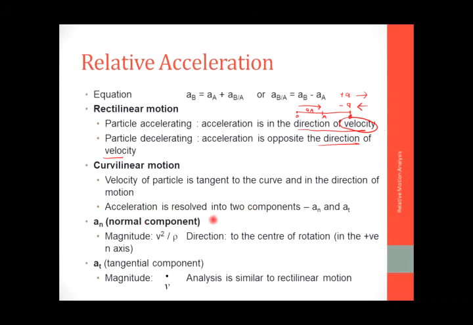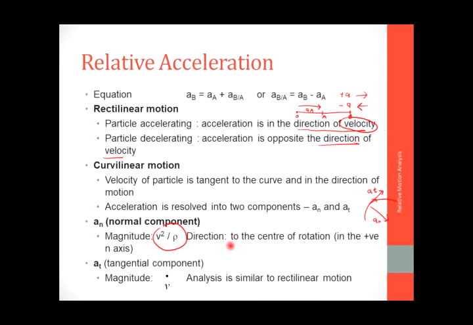acceleration is resolved into two components, normal component and tangent component. For example, you have a curvilinear path like this, and this is the AN and this is AT. For the AN, the normal component, the magnitude is V squared over rho, where V is the velocity and rho is the radius of curvature.